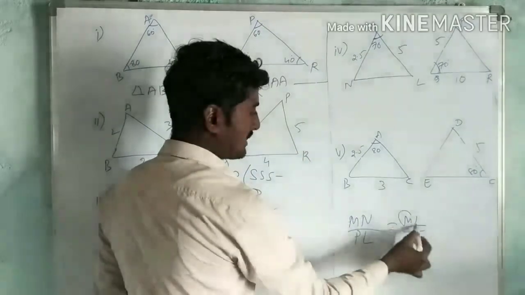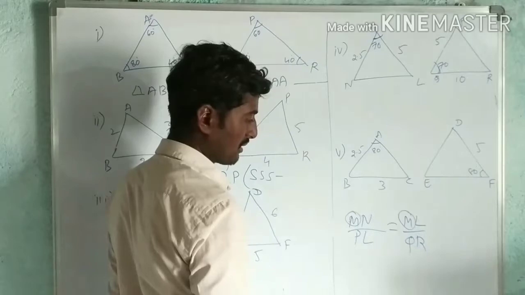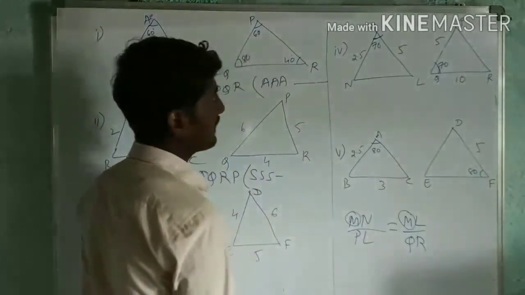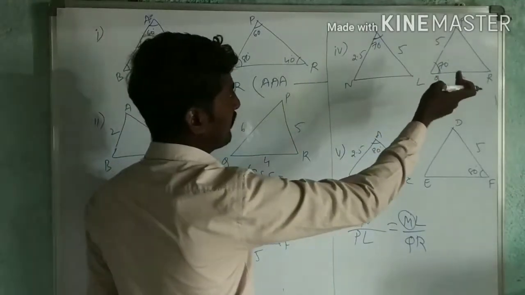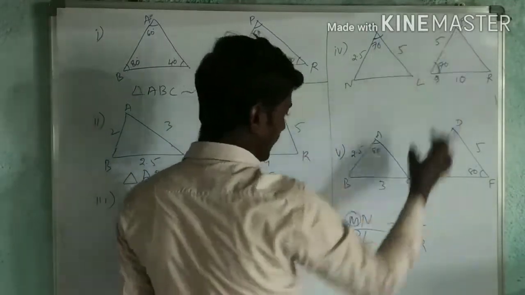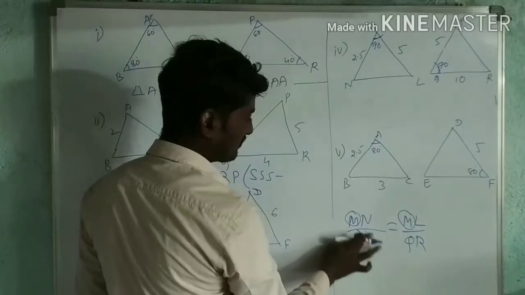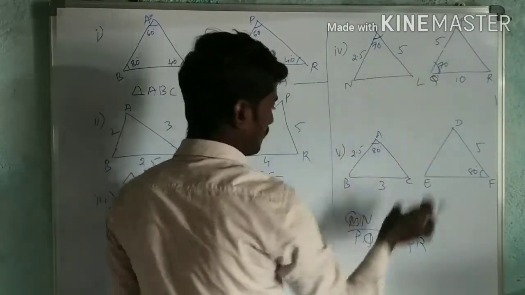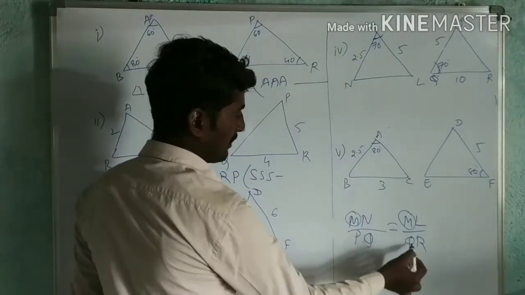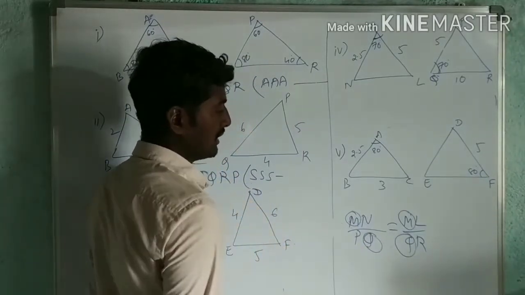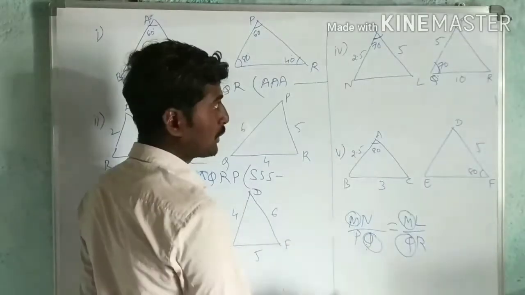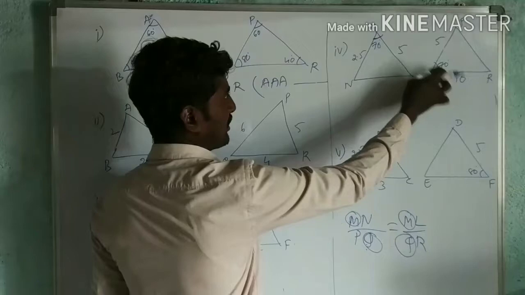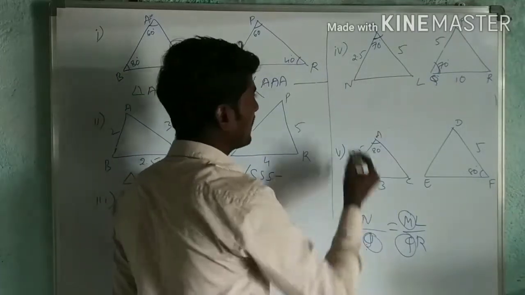In these two, the common letter is M, so in this common one, MN divided by PQ, not L. PQ it is. In these two the common letter is what? Q. So for M I must take Q, because 70 is there, I must take it as Q only.